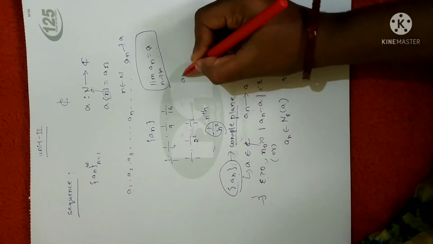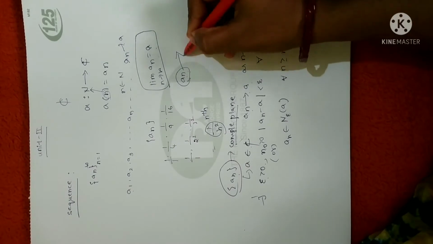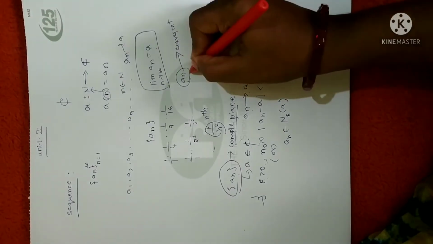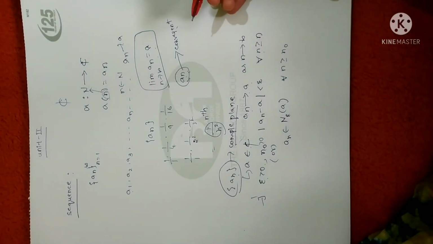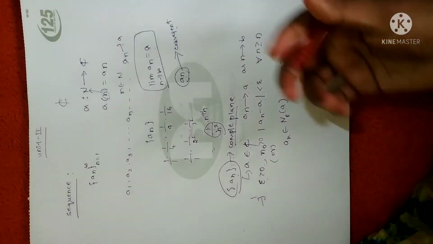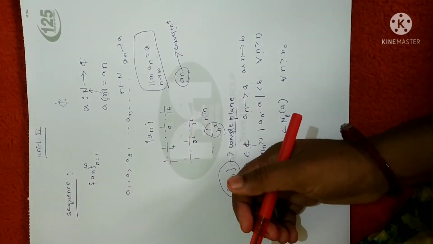In the sense, suppose the limit of a sequence an exists, then this sequence will be convergent. And a sequence which does not converge is called divergent. The opposite of convergent is divergent. If it is not converging to a particular value, we say that the sequence is divergent.